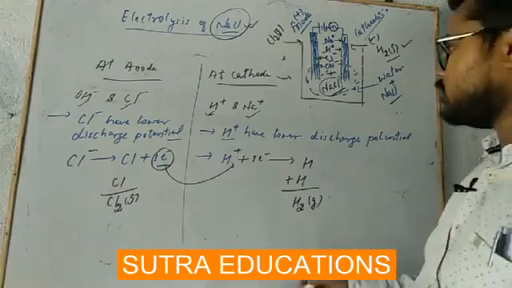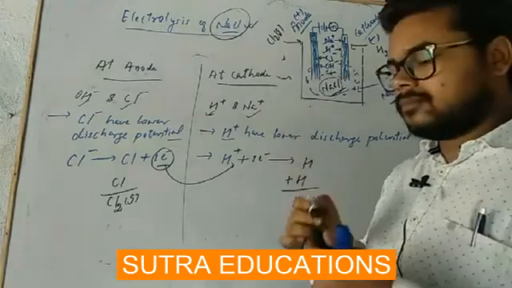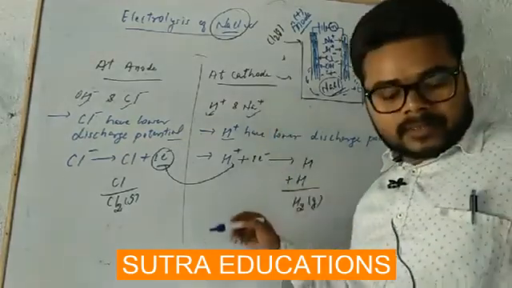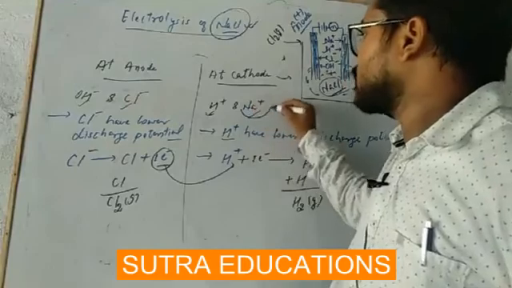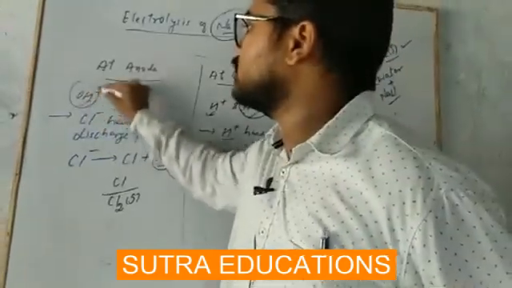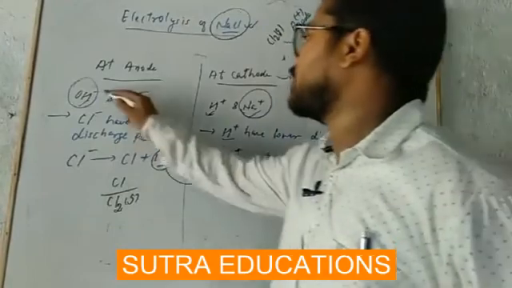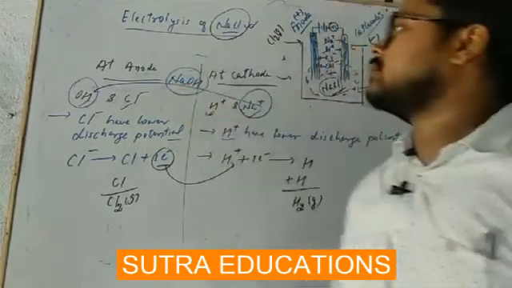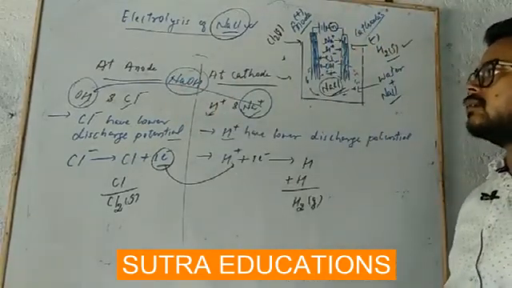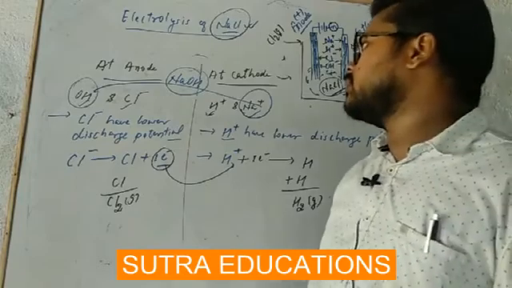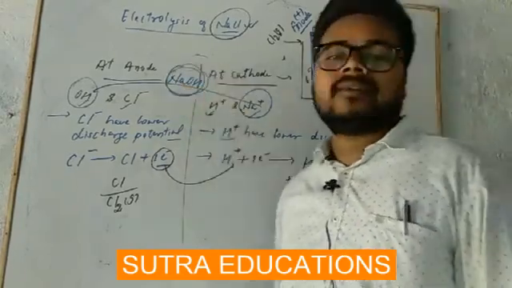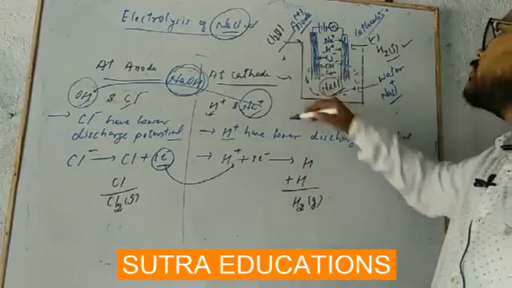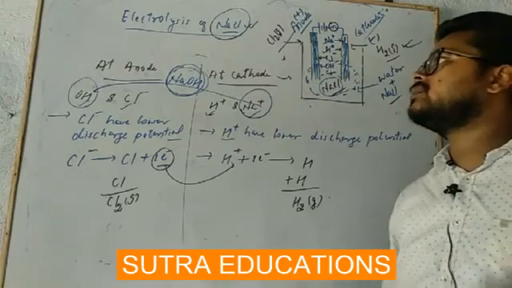And this Na and this OH, which have not been discharged, combine together to form NaOH. So what is the product formed? NaOH, it is known as caustic soda. At the anode Cl2 gas will be formed, at the cathode hydrogen gas will be formed. So this is electrolysis of NaCl.